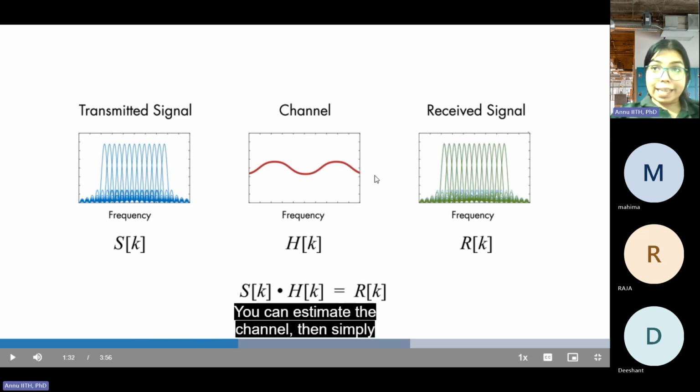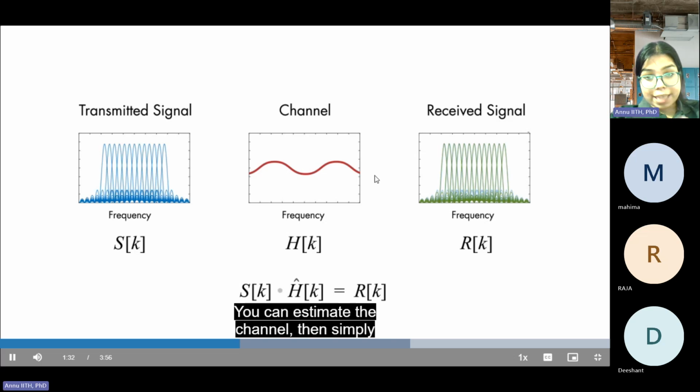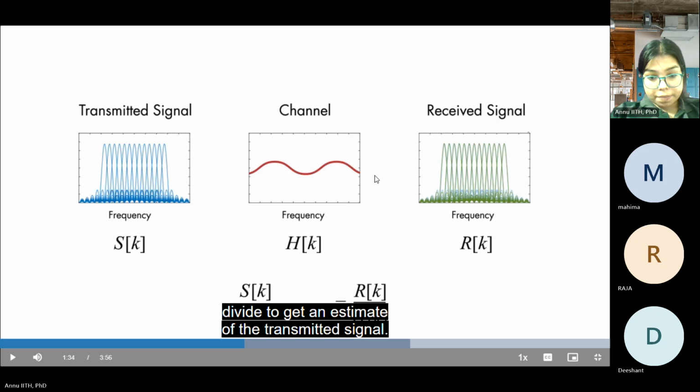So just by passing through the multipath channel with AWGN characteristics, you are multiplying the transmitted signal, and you are actually equalizing also. RK equals SK multiplied by HK, where HK is the equalization factor, and HK is the impulse response of the multipath.